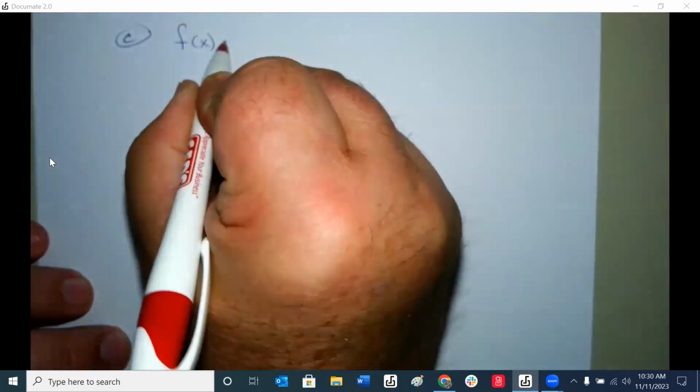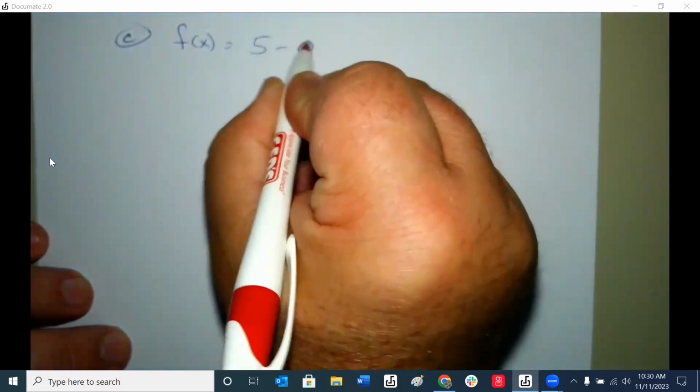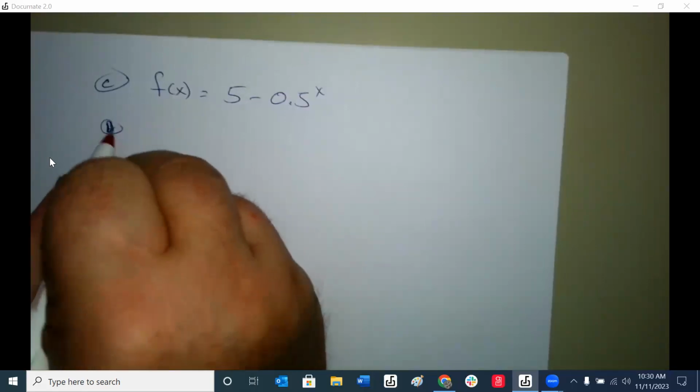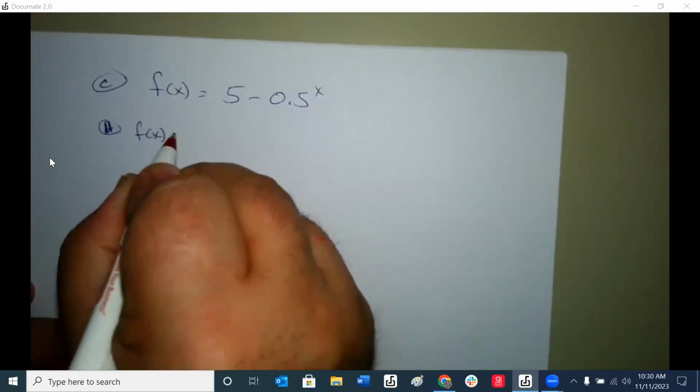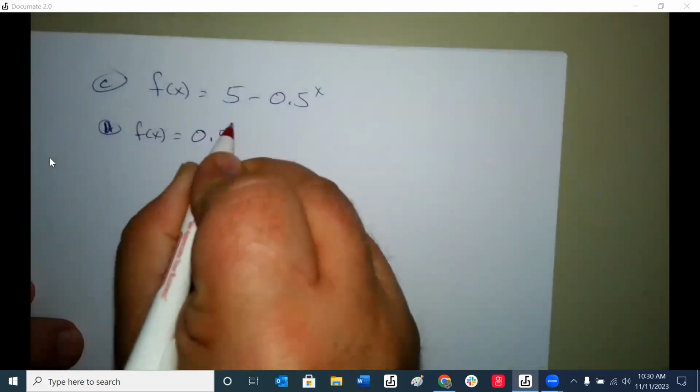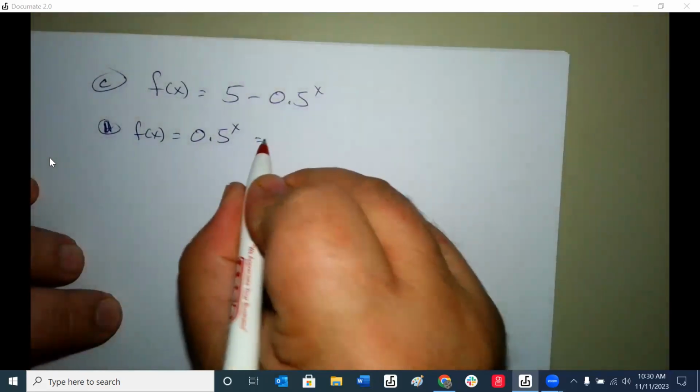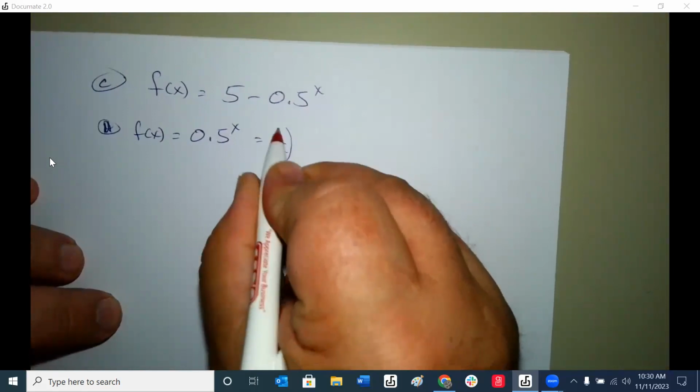Five minus 0.5 to the x. All right. So the original function here is 0.5 to the x. 0.5 is the same thing as 1/2.